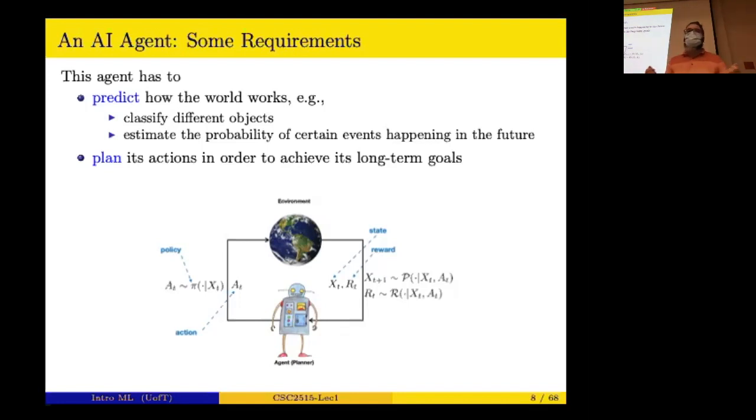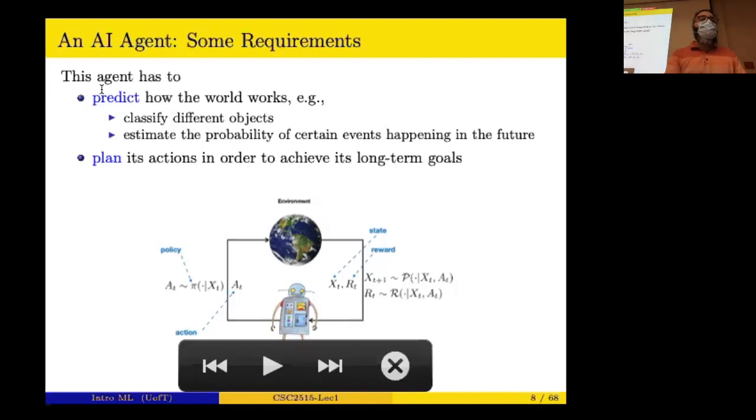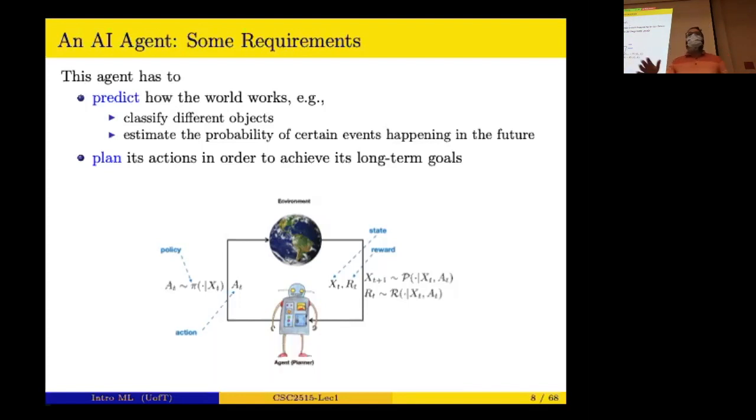And what we do in this course is mostly focus on this first part, which is predicting how the world works. And we will see that we do it by learning how the world works. So prediction, not in a way that we write a program that says that if the robot moves for 5 seconds, it will hit a wall, but learning that it happens based on the data.